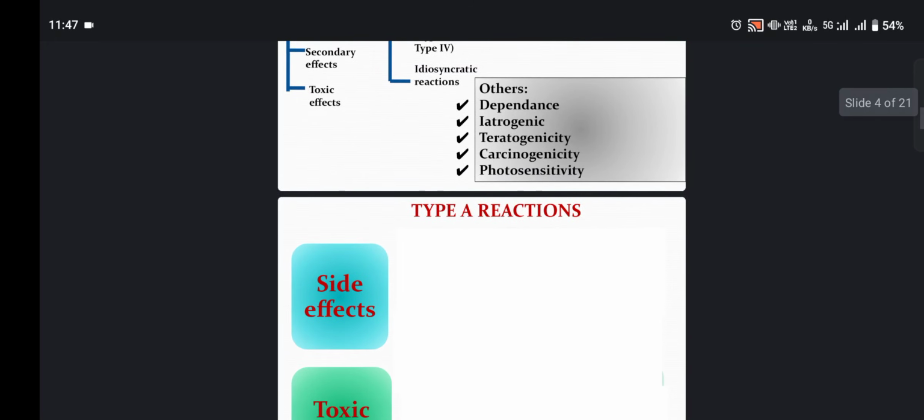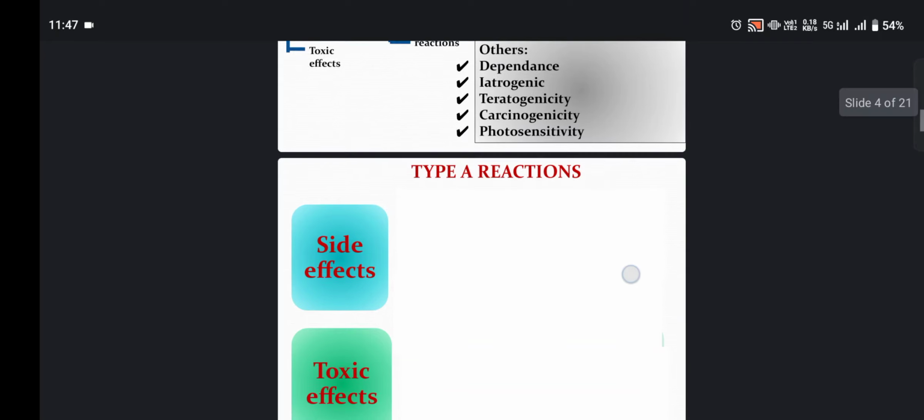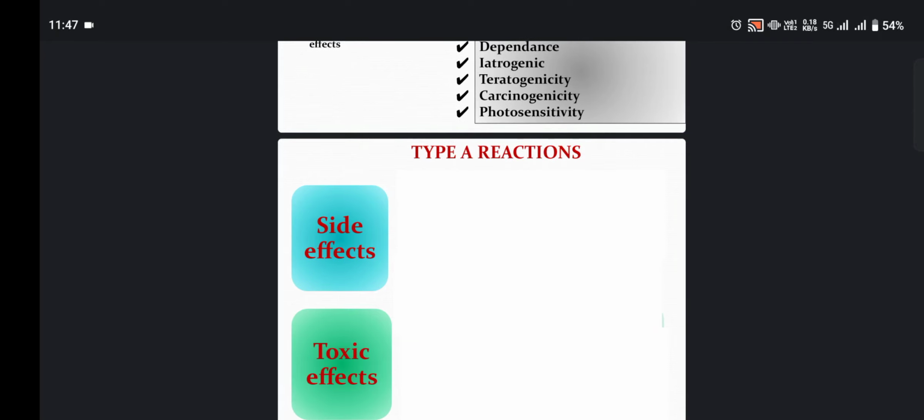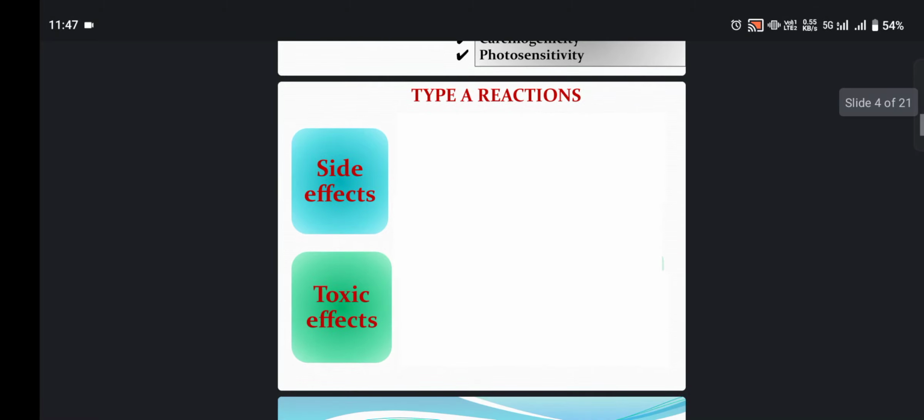The first one, type A, is the augmented reaction. The drug is given at the normal dose as usually taken by a human being, but it shows some unwanted reactions or some negative impact on the body. That is known as an augmented reaction.